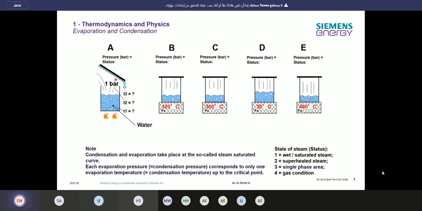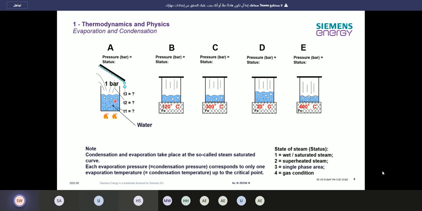So we're catching up the steam. The steam is condensing again, and we have here 3 temperature measurements. So we're measuring one time the temperature of the water in here. We're measuring one time the temperature of the steam, and then we're measuring the temperature of the condensed steam, which we're catching up again.